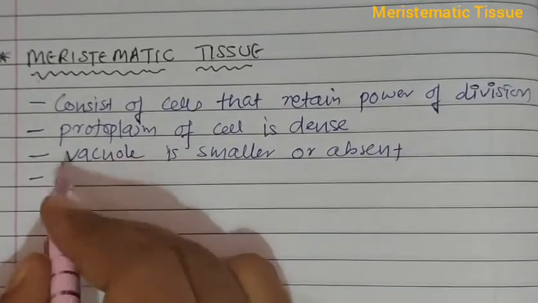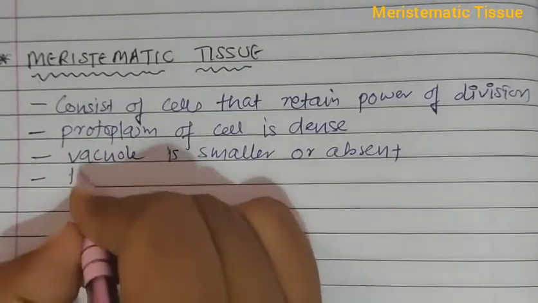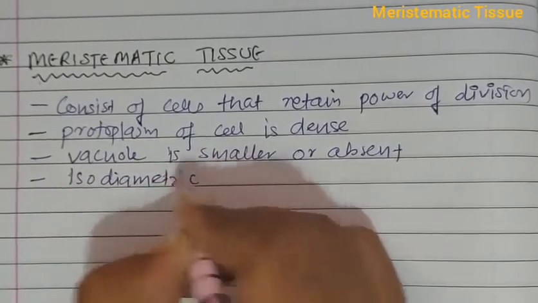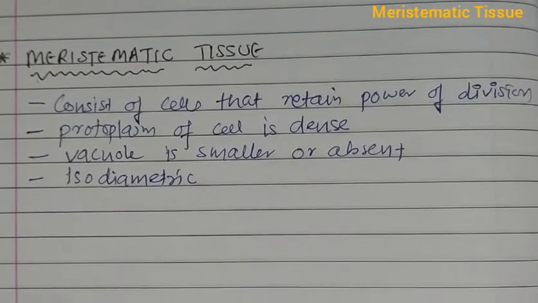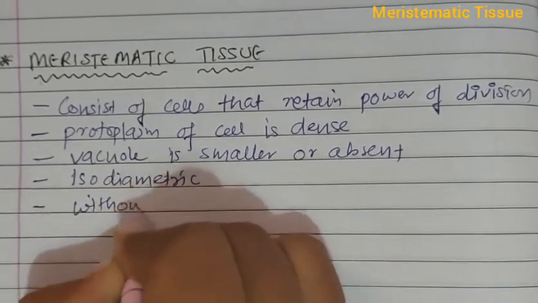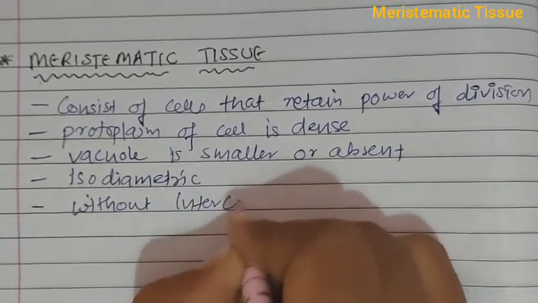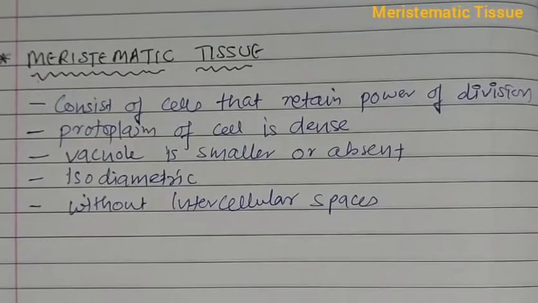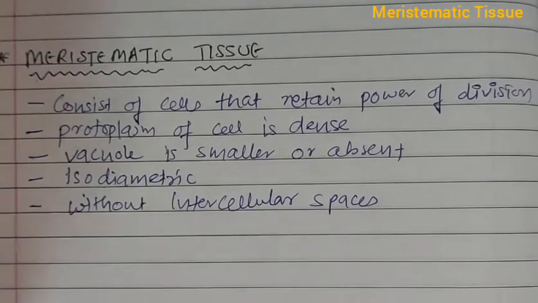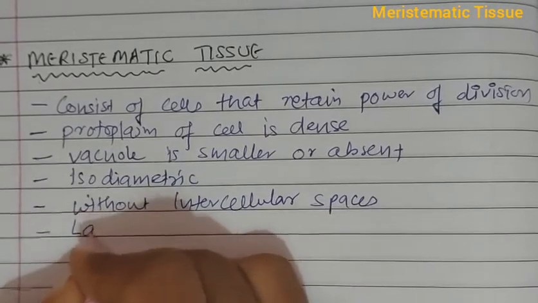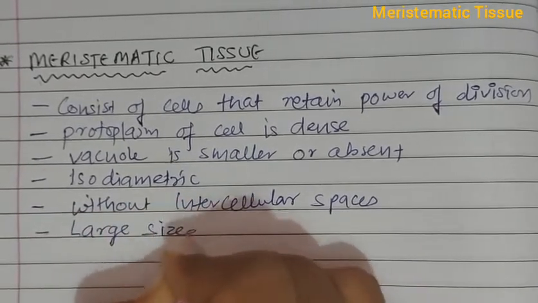Then meristematic cells are isodiametric, means the diameter of every cell is approximately similar, and without intercellular spaces, means intercellular spaces are absent. Next, the nucleus is bigger in size, means they have a large sized nucleus.